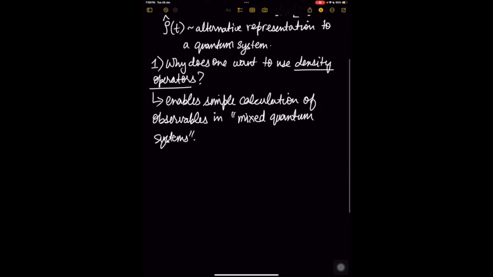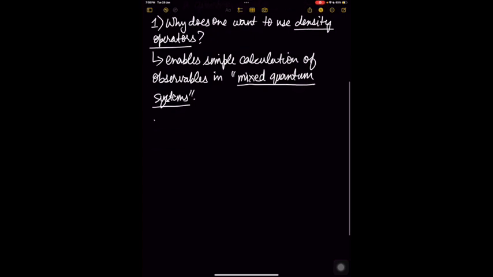Now, an important keyword here: mixed quantum systems. So, what are mixed quantum systems? There are two types of quantum systems, pure and mixed quantum systems.